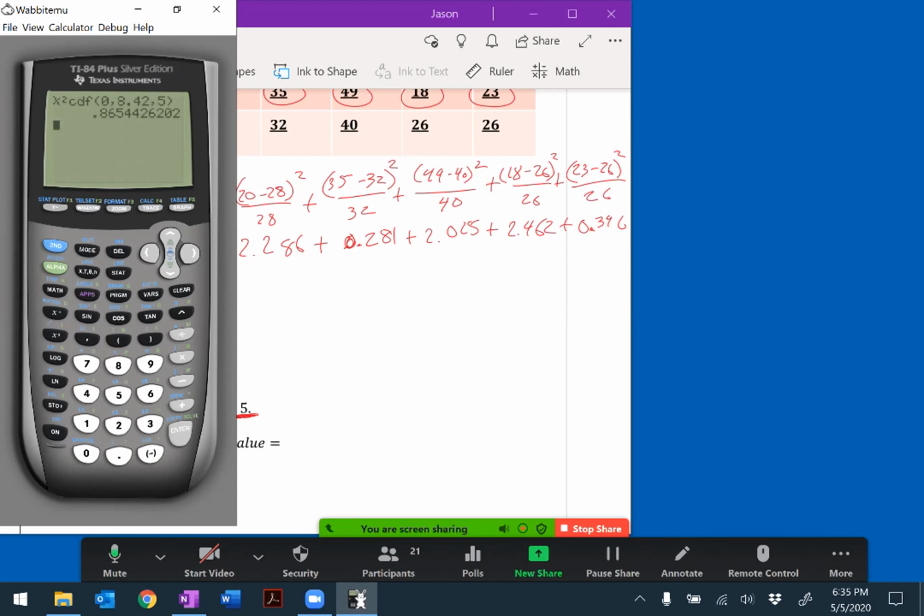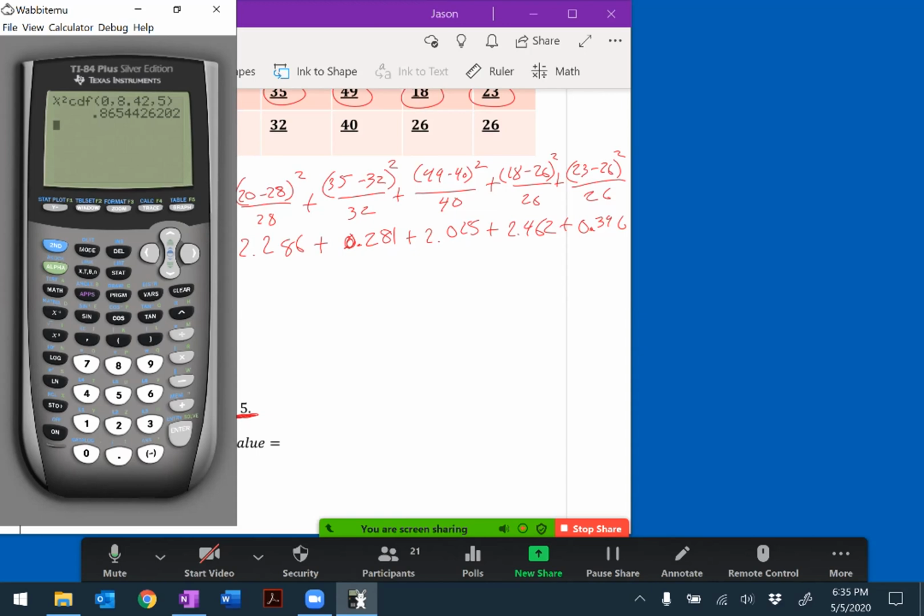Okay, and it tells me that the probability for the CDF is 0.8654.